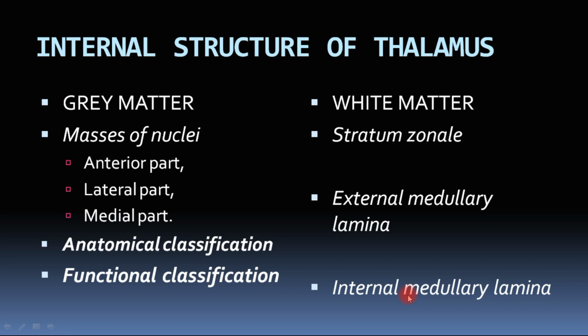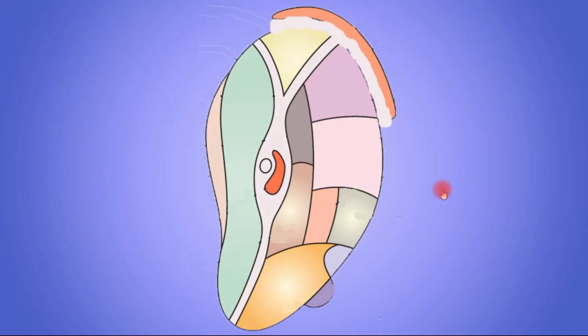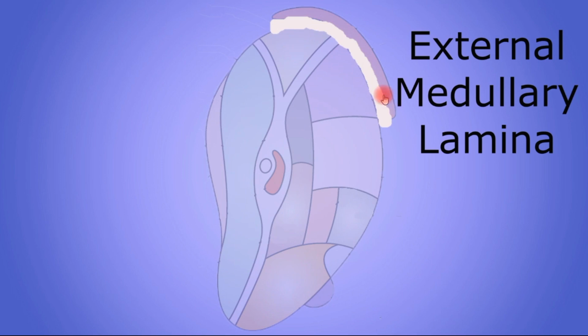We will study the white matter first because there is less of it, and then we will move on to the gray matter because we have to classify it extensively. As you can see in this diagram, this structure present outside the main structure of the thalamus, externally, is the external medullary lamina.